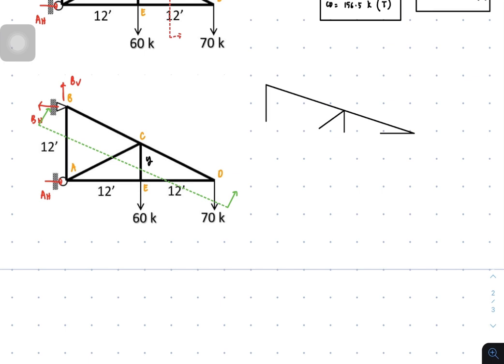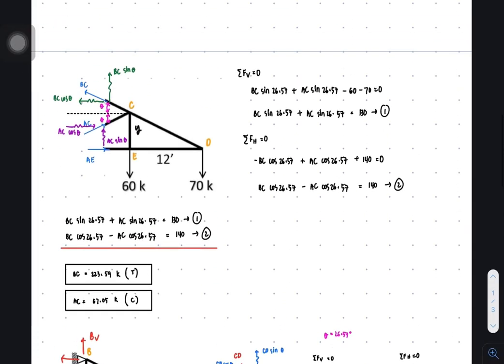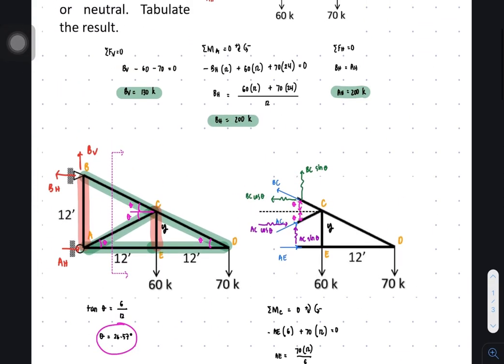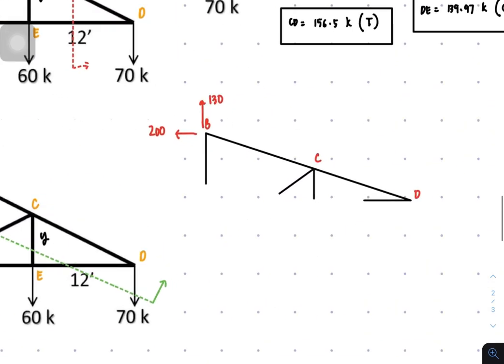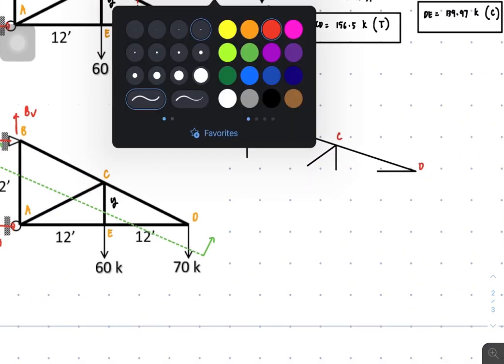So our objective is to solve for, by the way, this is joint B, C, and D, and we have values of the reaction here as BV. BV is 130 and this one is 200. Is it 200? The reactions? Yes, 200 to the left. And we have members.